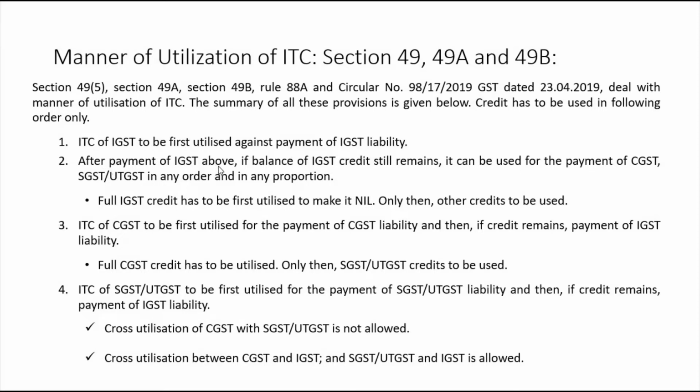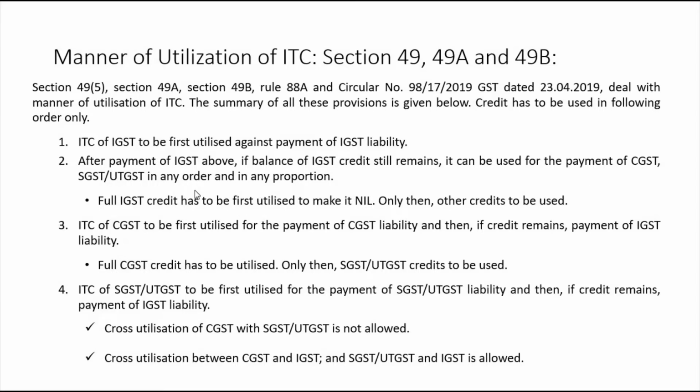After payment of IGST, if a balance of IGST credit still remains, then it can be used for payment of CGST and SGST in any order and in any proportion.